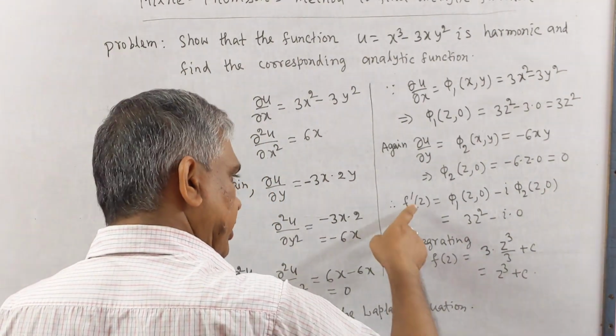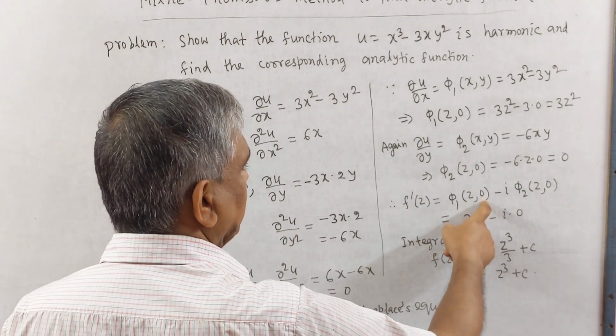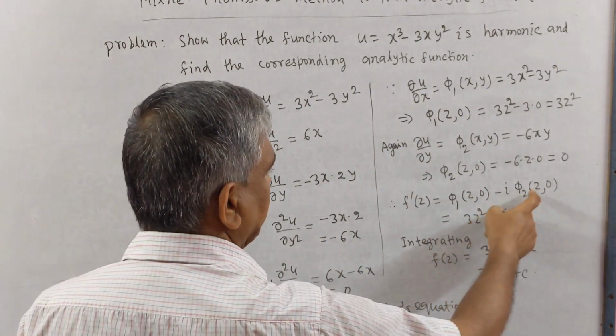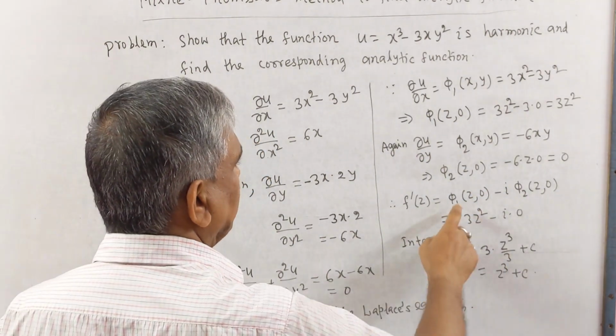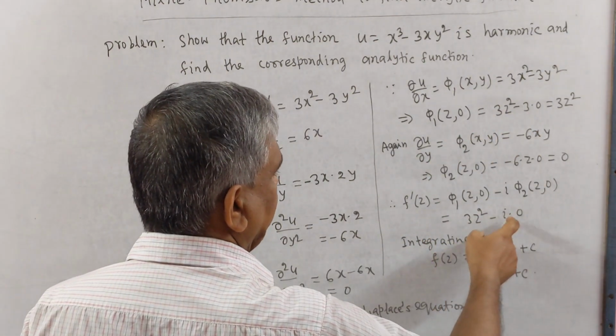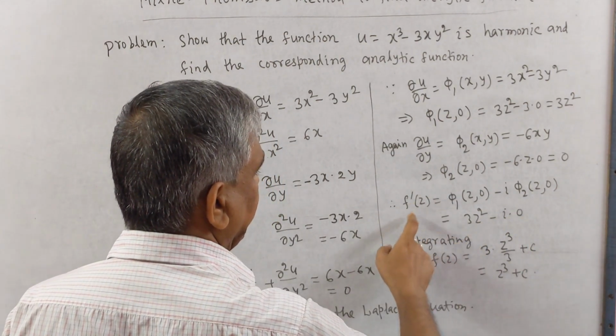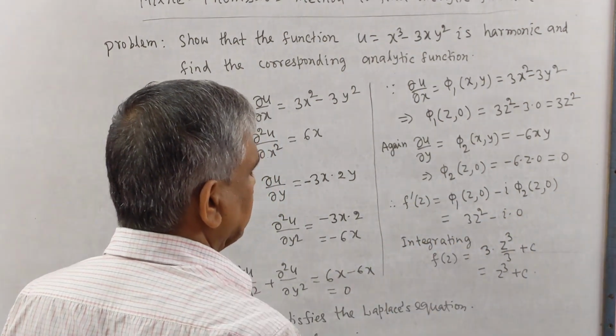Now, f dash z equals phi 1 (z,0) minus i phi 2 (z,0). Phi 1 (z,0) is 3z square, minus i phi 2 (z,0) is 0, that is 3z square. F dash z equals 3z square.